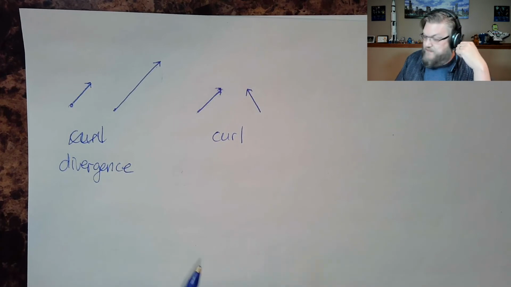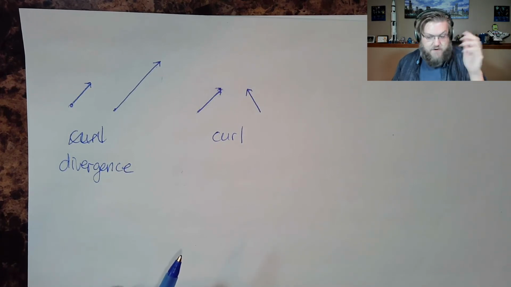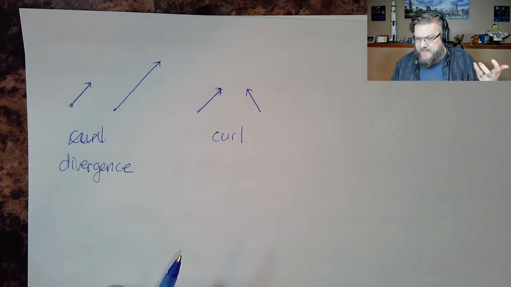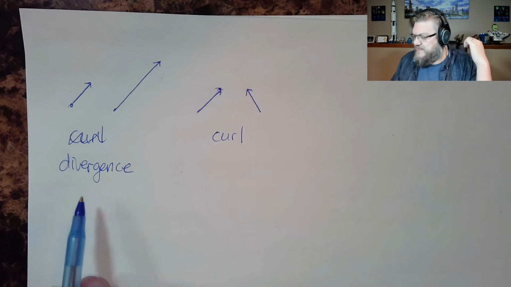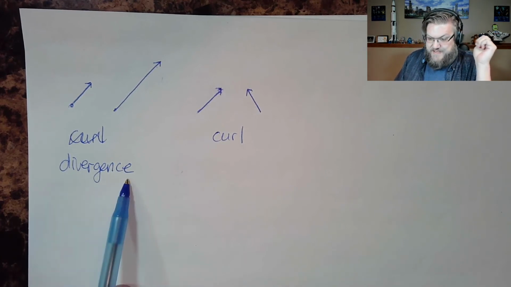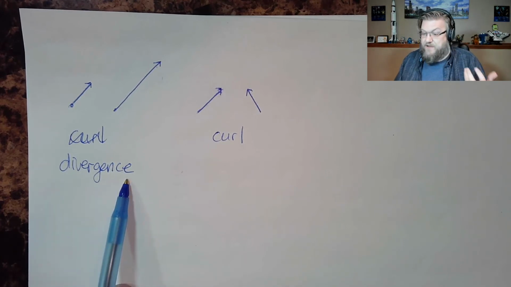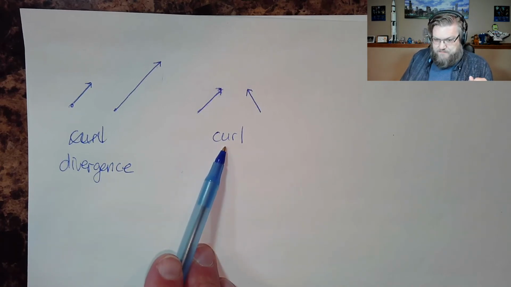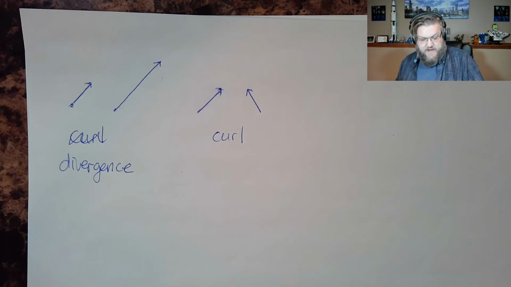This is not the divergence of series in Calc 2. So if you remember that, you might say, oh, this series is divergent, or it diverges. It's not the same concept. This is divergence as in the divergence of a field, or the curl of a vector field. All right? Let's go ahead and look at some pictures.